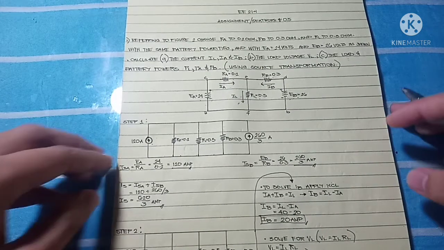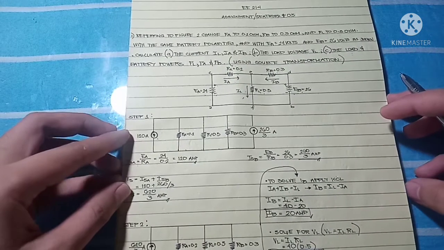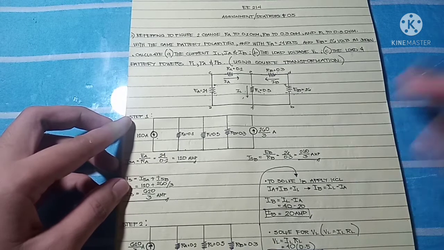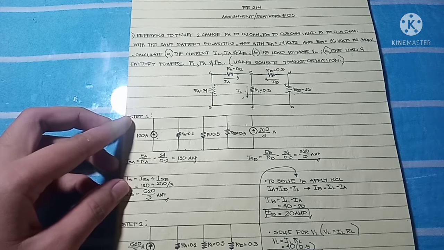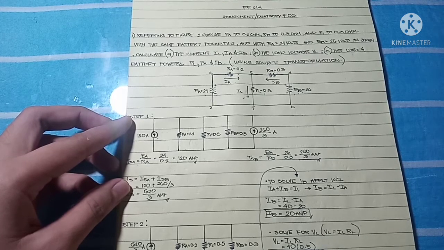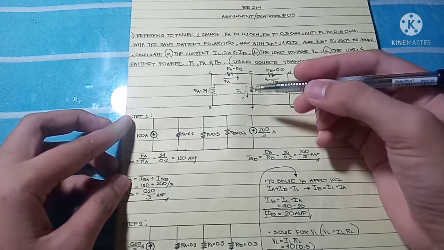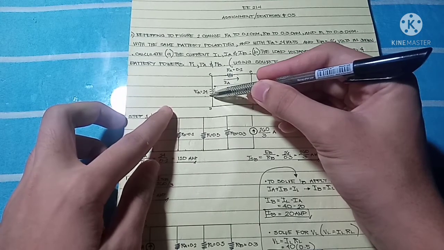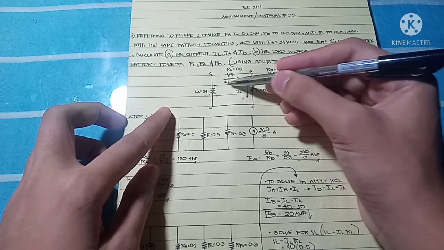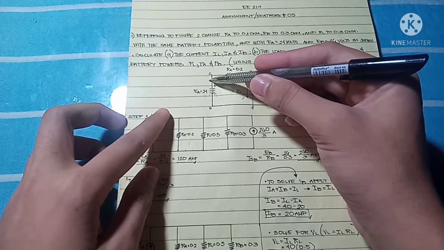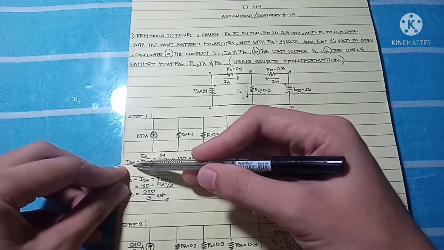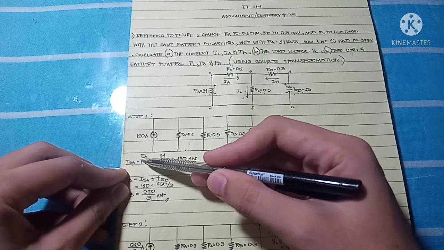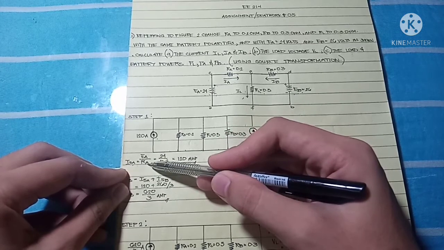So, to solve the problem using the source transformation method, we go to step 1, which is to transform the voltage and current source to their equivalents. The voltage source EA is in series with resistor RA. To transform, ISA or current source A is equal to EA over RA.